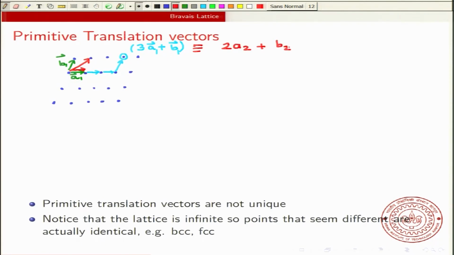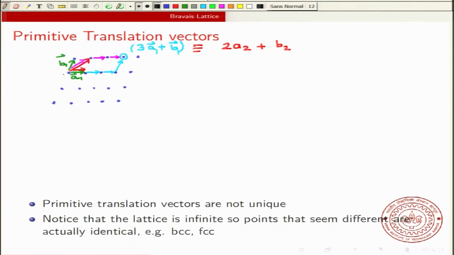Let me use a different color, the violet color. You can see that if I do this plus this plus this, A2 plus A2 plus B2 gives you this lattice point. I should mention that this is the origin.